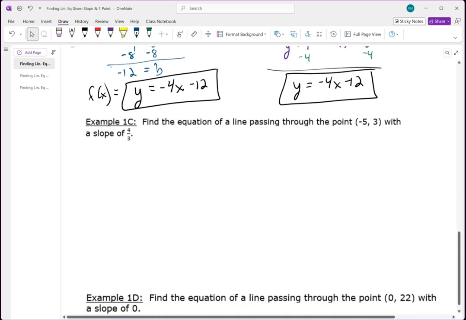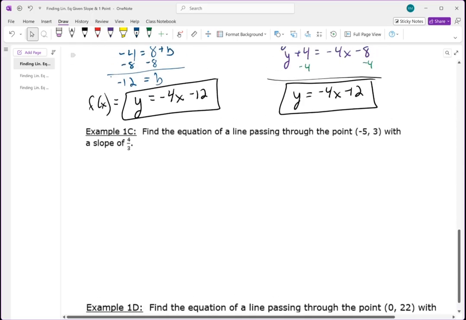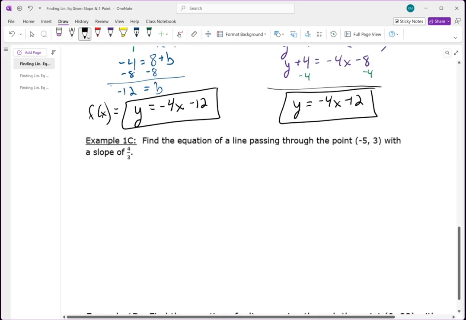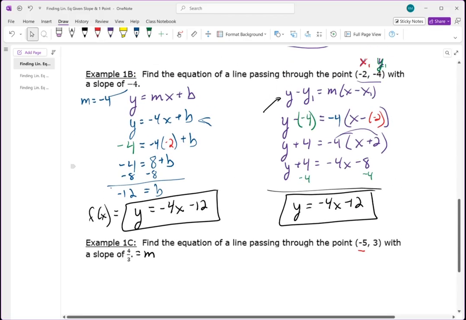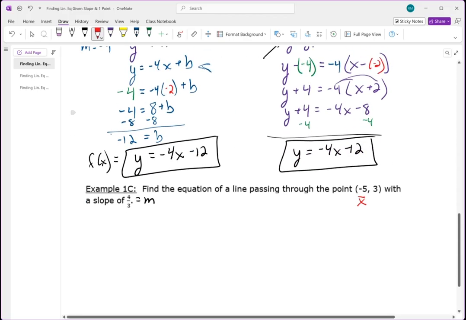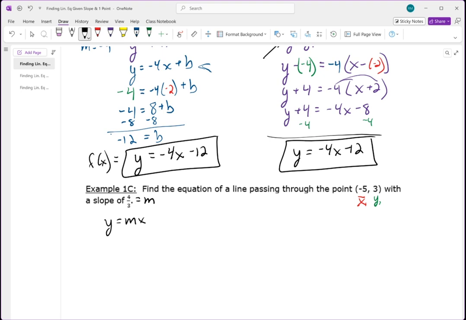So I guess we can go ahead and do 2 more questions. In this problem here, I'm going to go ahead and do it both ways, I guess. So we have our slope here. We have our x or x1 and our y1. So plugging it into y equals mx plus b.